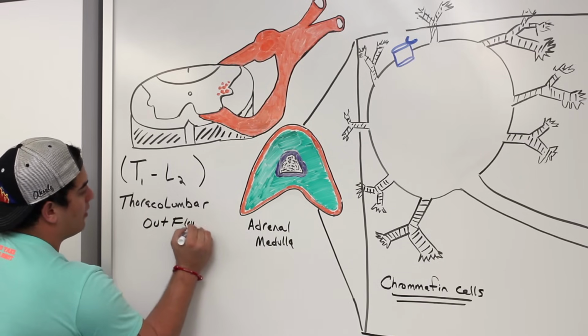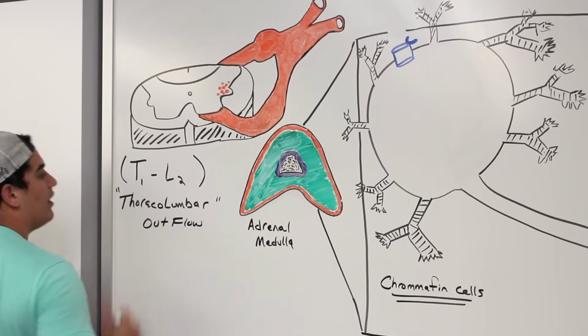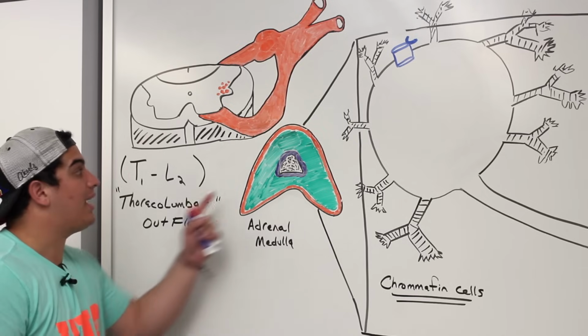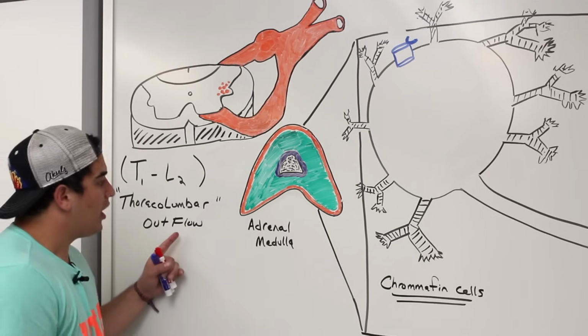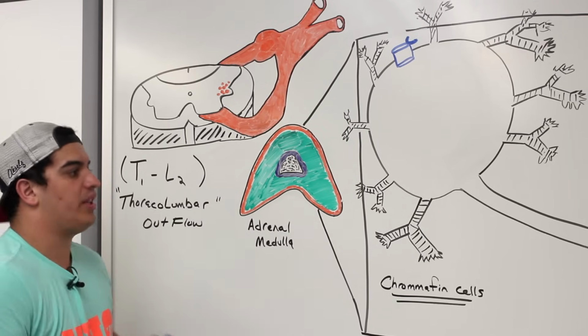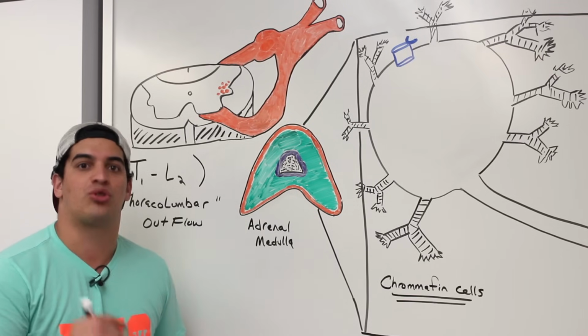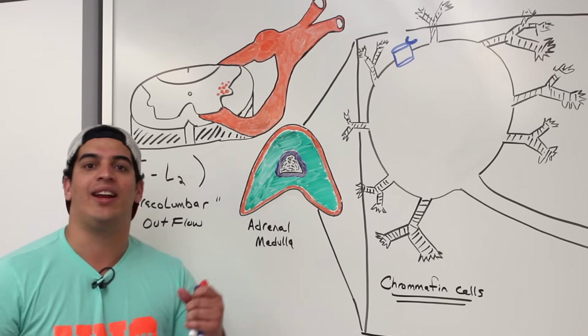This is where your sympathetic nervous system is going to be coming out of the spinal cord. Now, the only time the adrenal medulla is really stimulated is during short-term stress, so stressful situations. In other words, fight or flight.